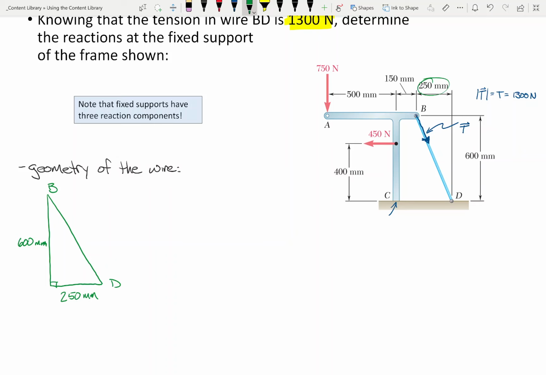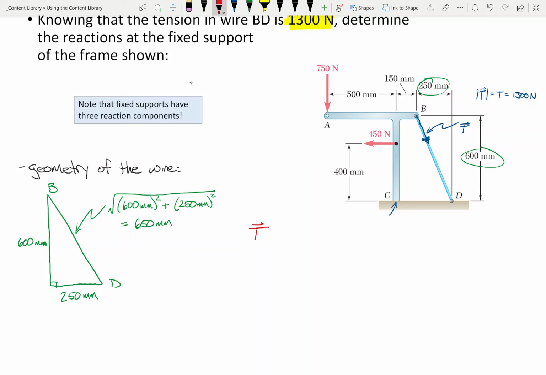I'm getting that from there and there. So in terms of this hypotenuse, it would just be the square root of 600 millimeters squared plus 250 millimeters squared. And when you chug that out, this ends up being 650 millimeters.